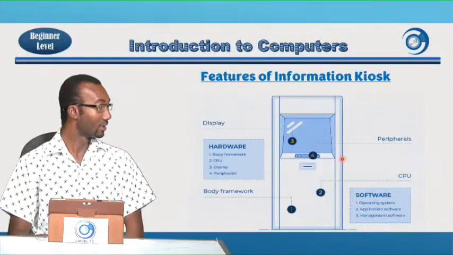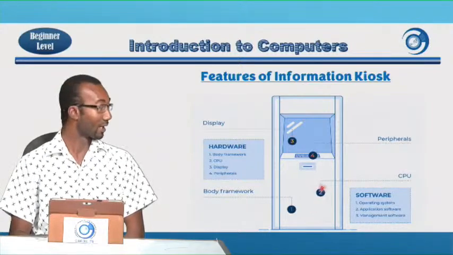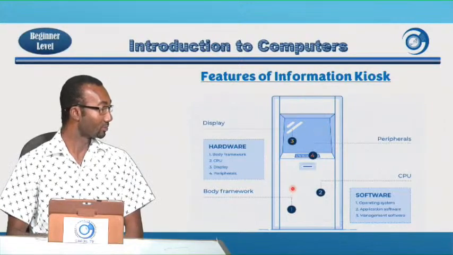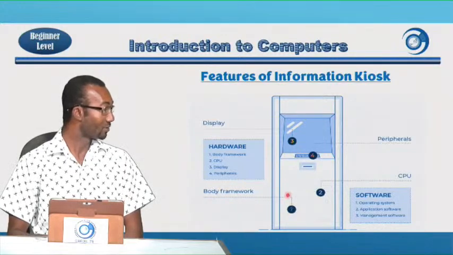Let's look at how these computers really look. If you look at the image on your screen, this is an example of an information kiosk. Every information kiosk has a body framework, that's the body of this computer.